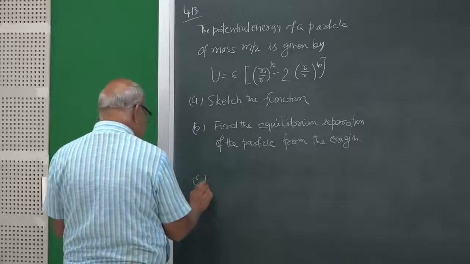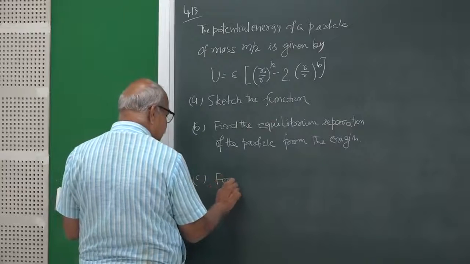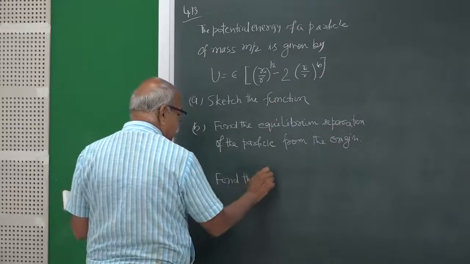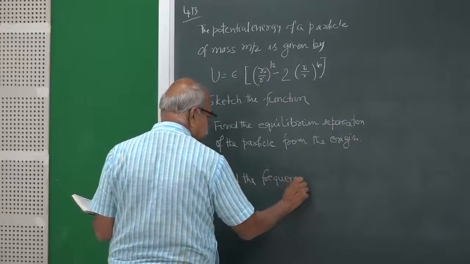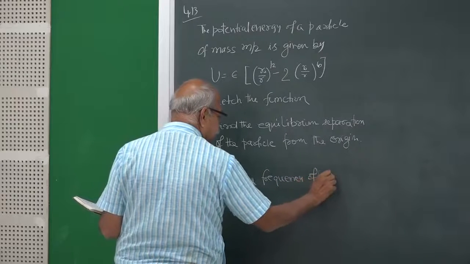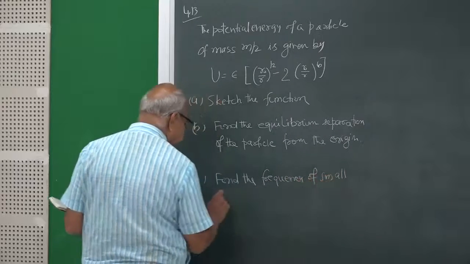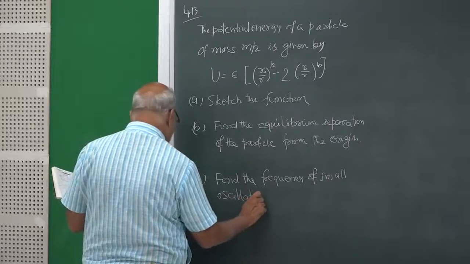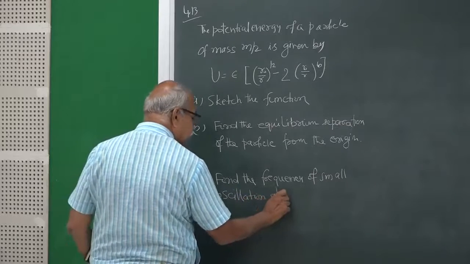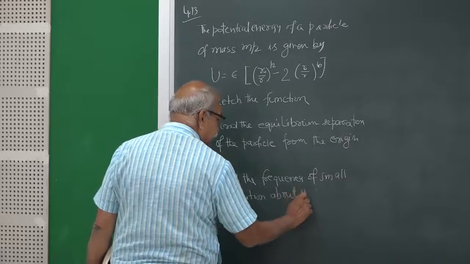And the third part is find the frequency of small oscillations about the equilibrium point.